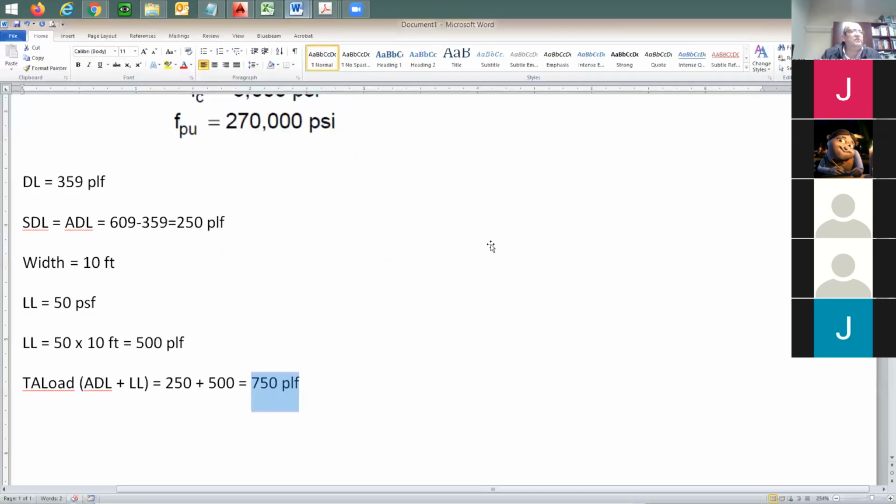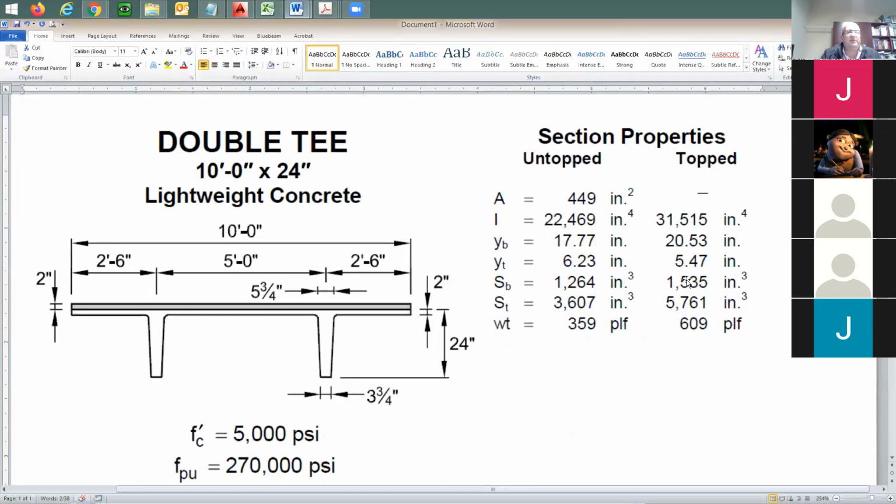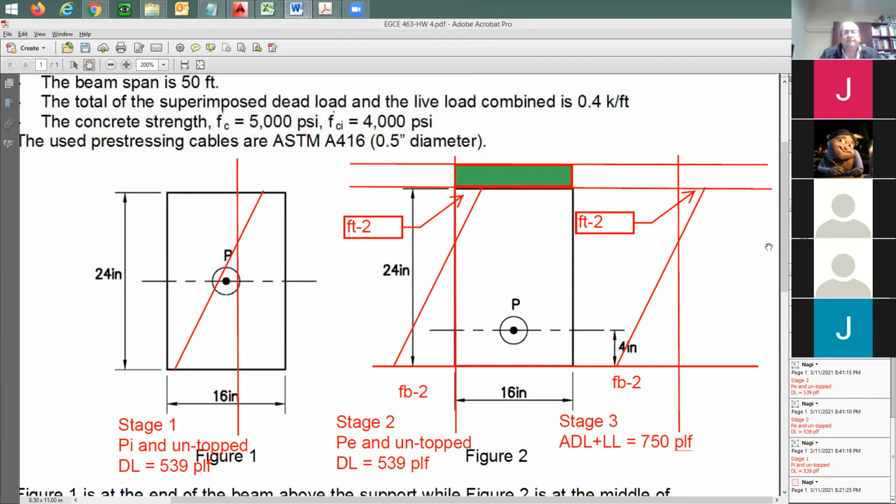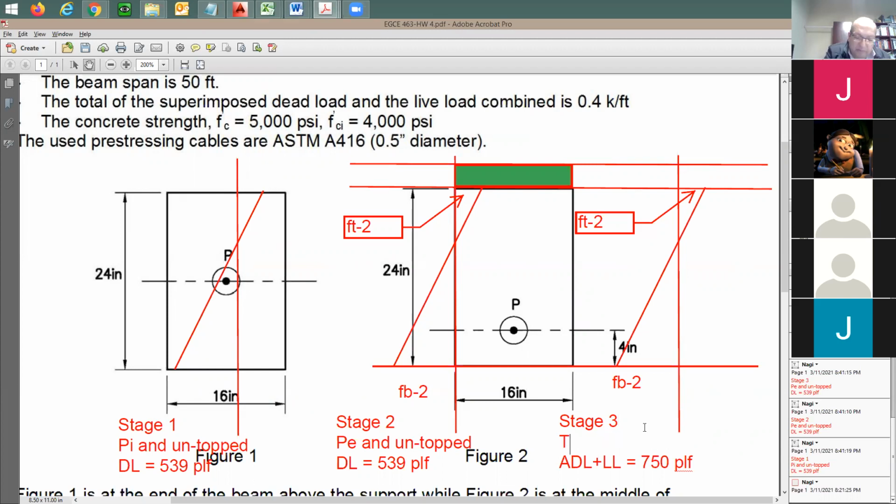If you remember these values, it's going to be based on these top values. Therefore, I don't need A because A was already used in the compression force. And the stress due to the self weight is already locked in the beam itself. Now I need to take this additional load divided by S top and bottom, for the top properties. So it's going to be the top properties.